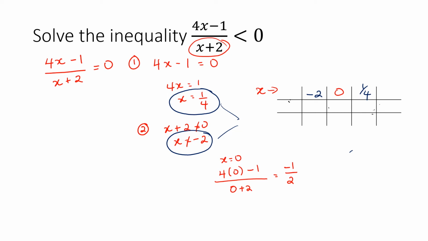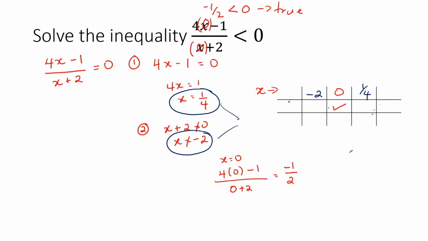It is. So this is correct. Yes, it lies within the solution, because when we put 0 in here, we get -1/2, and -1/2 is less than 0. So that is true.